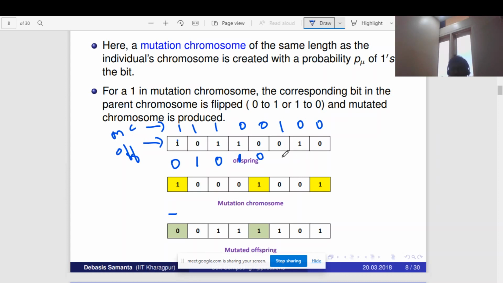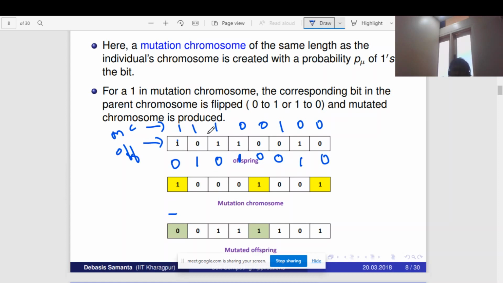Okay, what is this position? Yeah, one. Okay, fine. So this is the actual offspring.